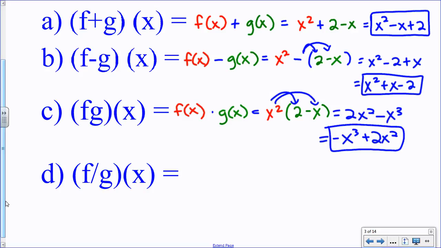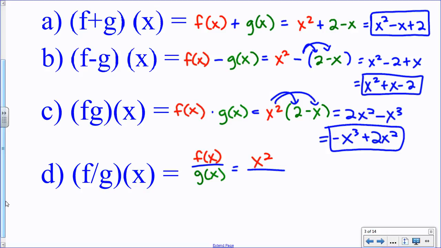Okay, and then f divided by g of x. That is f of x over g of x. So f of x is x squared.